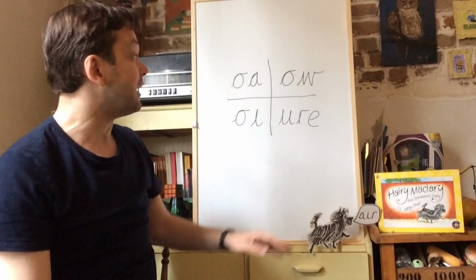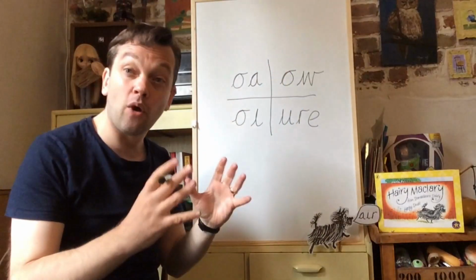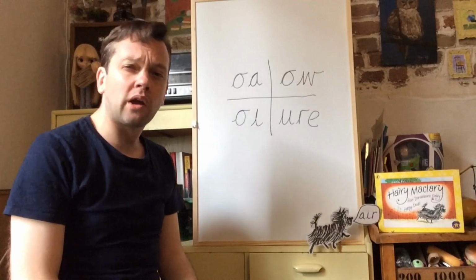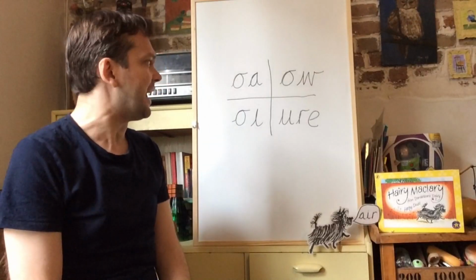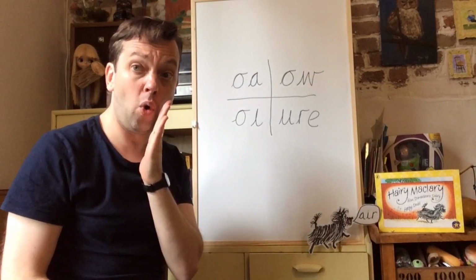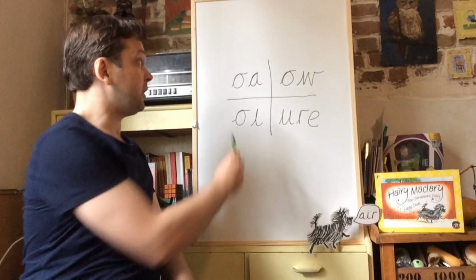Okay, we're going to play for a full house, let's say. So you've got to get all 4 before you can shout bingo. First one I'd like you to cross out is oi. Which one is it?